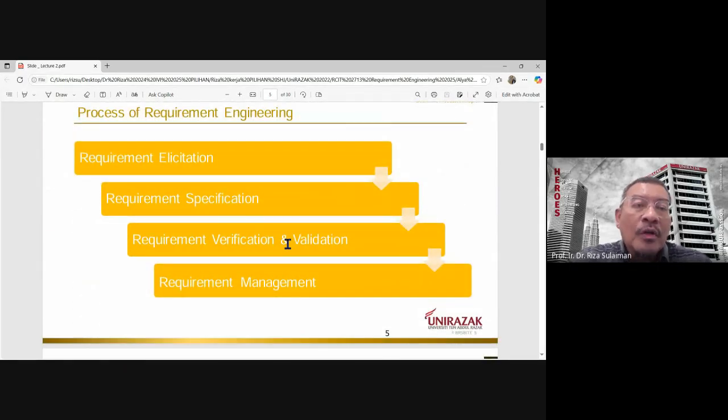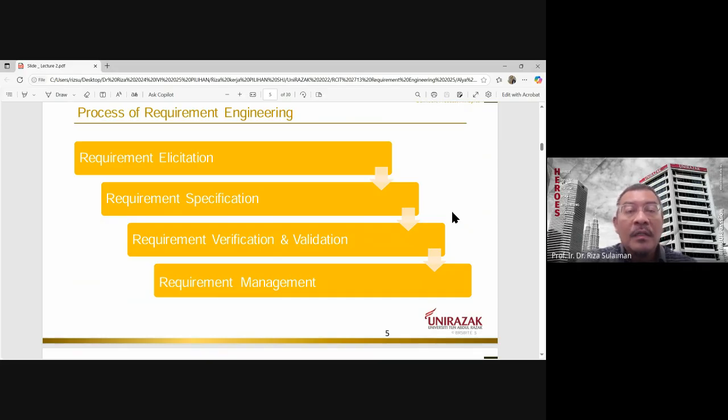Now, for requirement engineering, when I say processes, the most common ones are shown here, and I've also given you some links to videos on requirement engineering. They talk about the same points. The process begins with requirement elicitation and then goes to requirement specification.